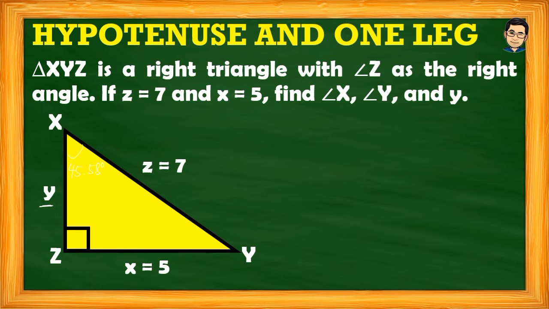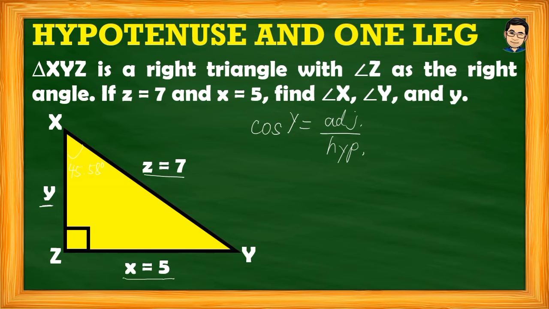Okay, so dito, given yung magiging adjacent side natin, tsaka hypotenuse. So, adjacent, tsaka hypotenuse, alin sa trigonometric ratios ang ating gagamitin? So, we will use cosine. So, magiging cosine y is equal to adjacent over hypotenuse.